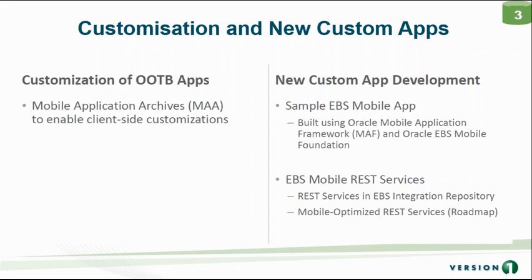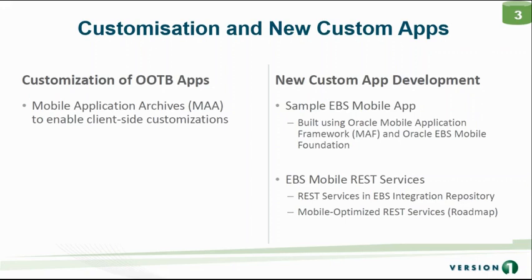In terms of creating new apps, Oracle's Mobile Application Framework can also be used to create apps from scratch. And just as standard apps do, custom apps can also utilize Oracle's EBS Mobile REST services as a communication method for transferring and synchronizing data between a device and the EBS instance.